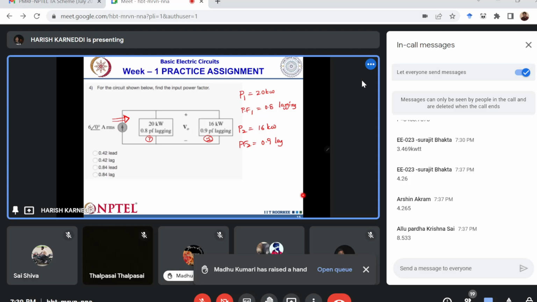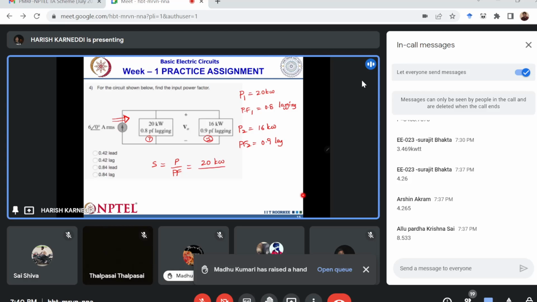Okay, so what is the apparent power? Apparent power equal to active power P by power factor, right? This active power P equal to 20 kilowatt.